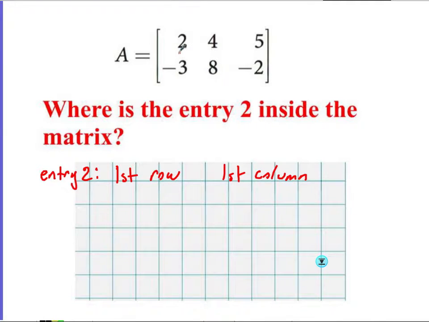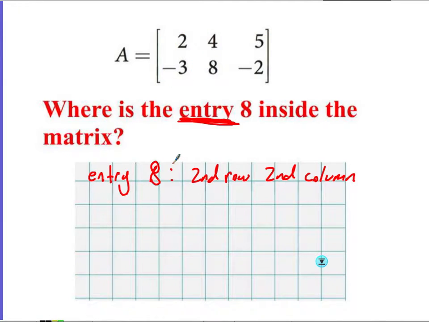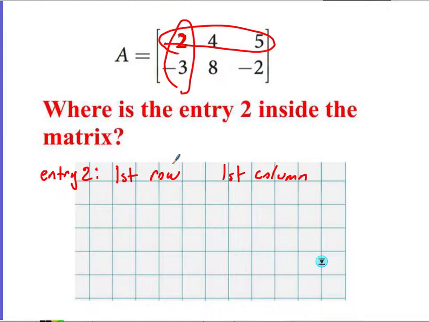Okay, so if I highlight the first row and the first column, I can see that my circles overlap at where 2 is exactly at.